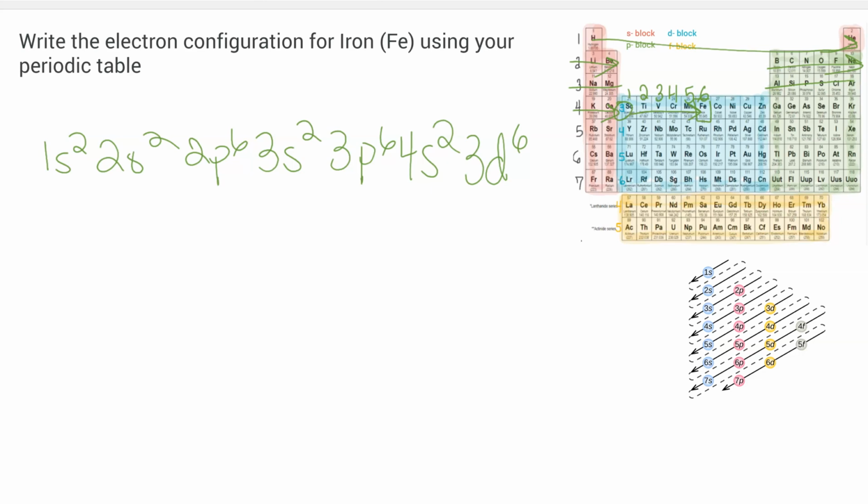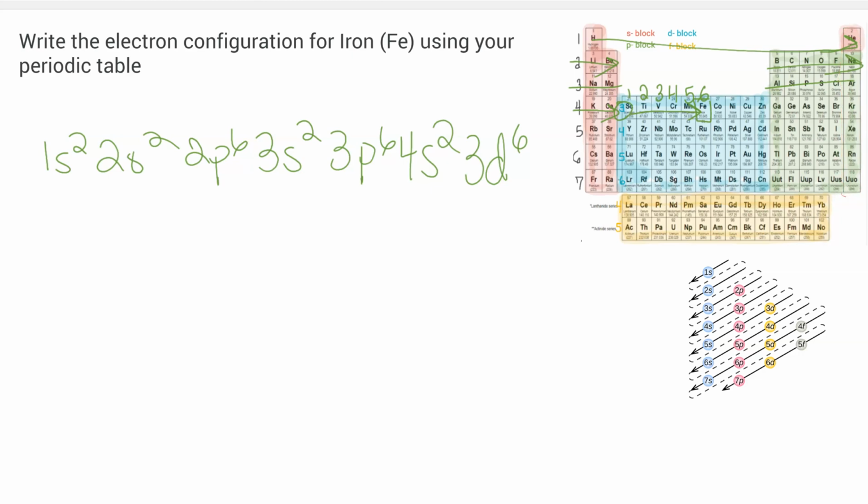For instance, iron's electron configuration is pretty long, so we can shorten it. Iron's number 26 on the periodic table, but we can shorten it by using the previous noble gas. And remember, the noble gases are in group 18 of the periodic table.